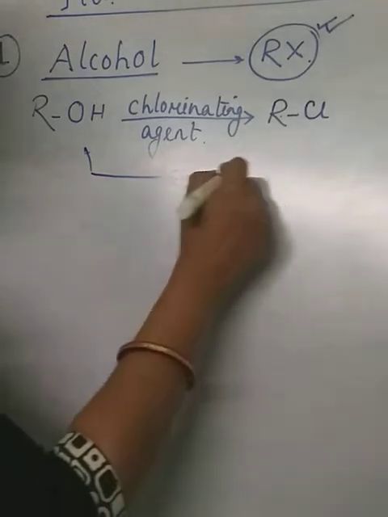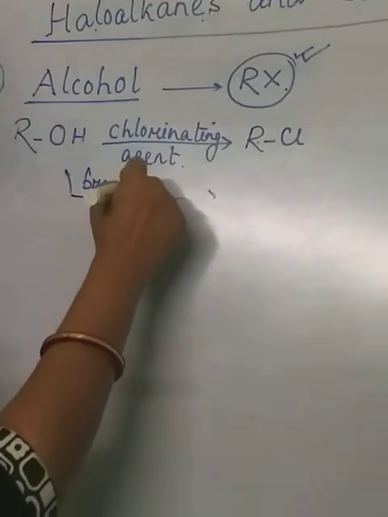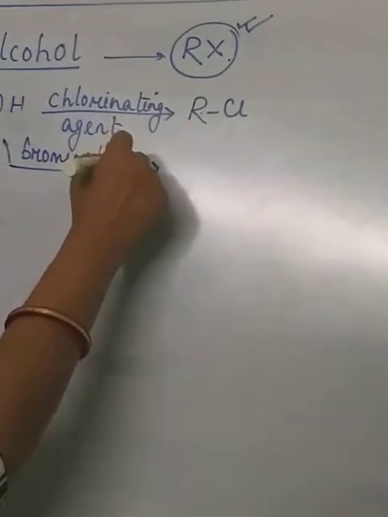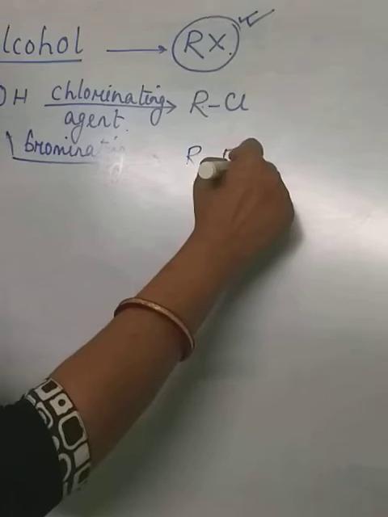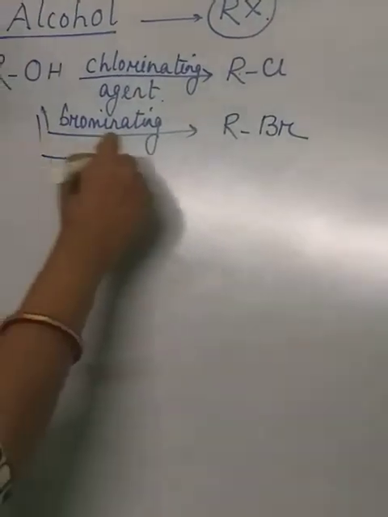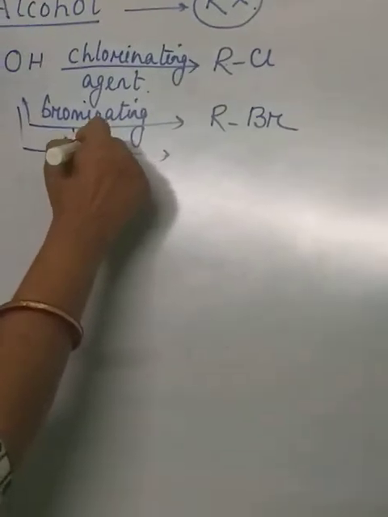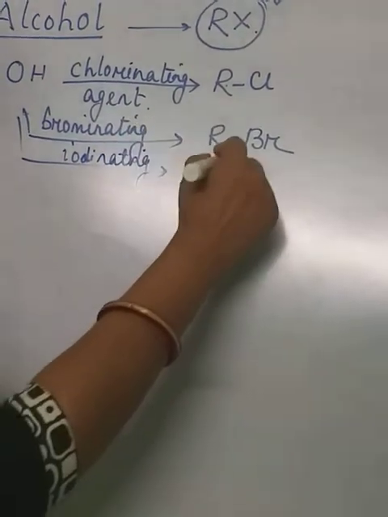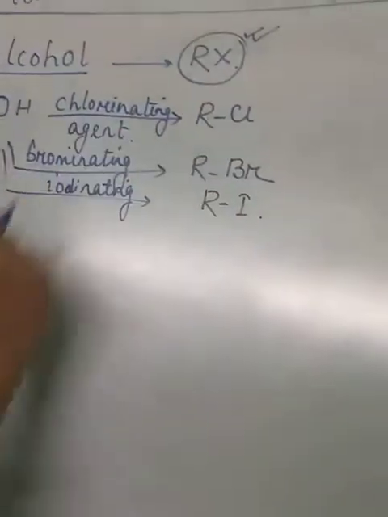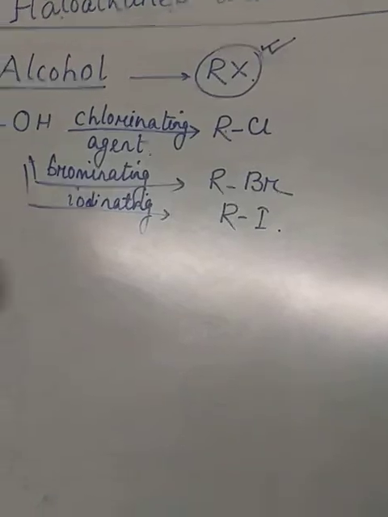With the brominating agent, we are getting RBr, bromide, and with the iodinating agent, we get RI. Let's see what are the various important facts regarding this.